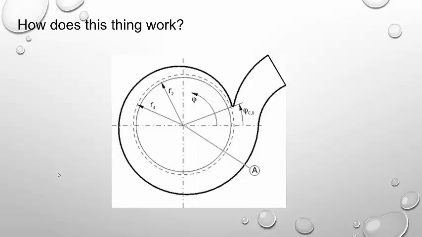The first thing you should notice is that the eye of the impeller is not necessarily centered in the very middle of the volute. It's kind of off-centered. So you notice that we have more area down here than we do at the top.